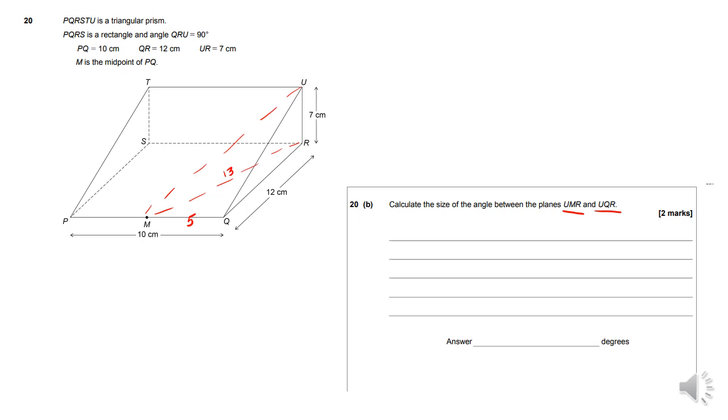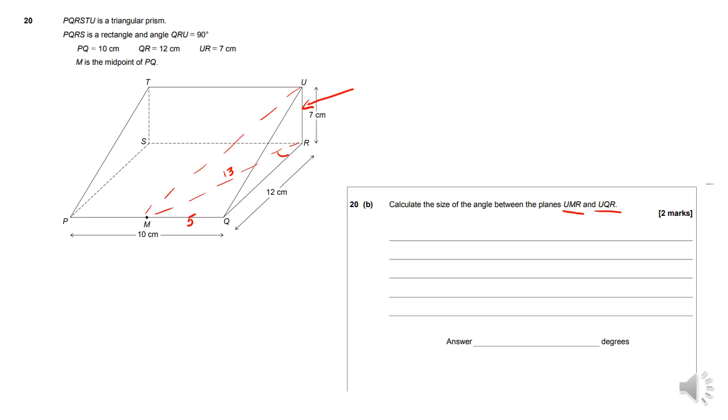That's UMR, and then the plane UQR is this face here, this side face of the triangular prism. So really we're looking to figure out this angle just here. Hold on, there we go. This angle just here, kind of R, if you like, that I've just enclosed.